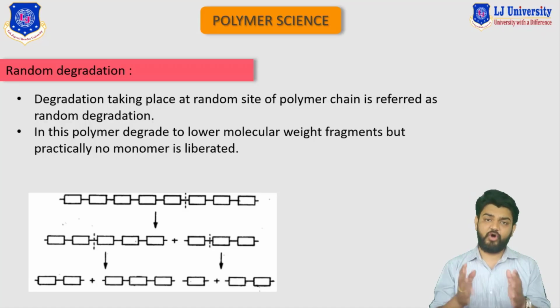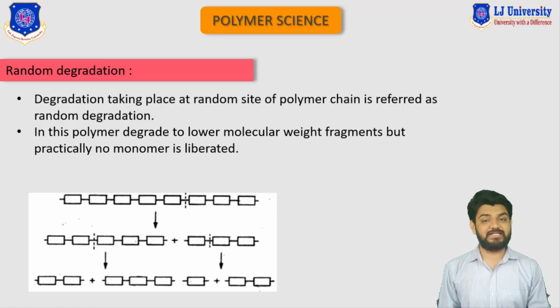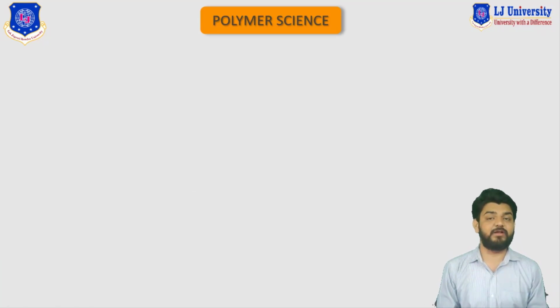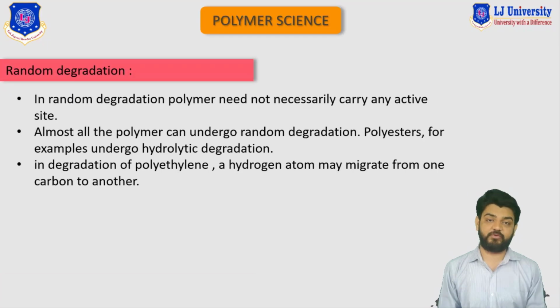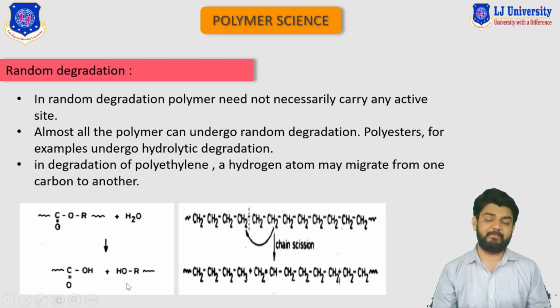We have also seen this particular example for the random degradation process. Now let's understand a practical example. Here I have taken the example of a polyester. When this polyester starts to degrade in a random fashion, it will produce molecules like this.